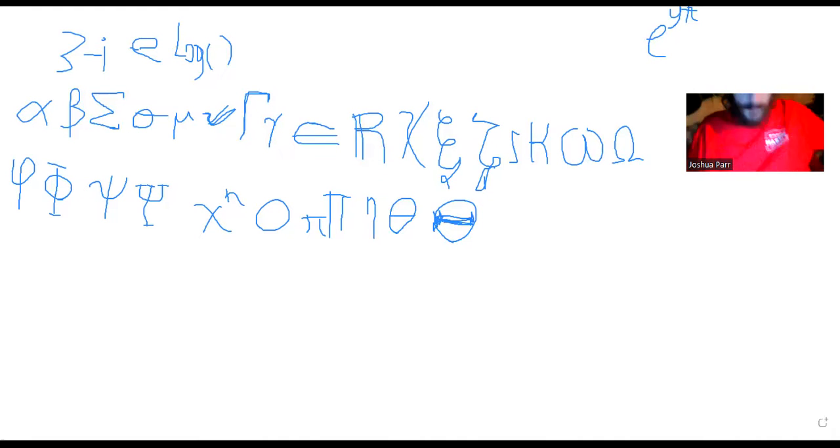Angular frequency, omega. Theta is a measure of difference angle, usually. Psi is the wave function.